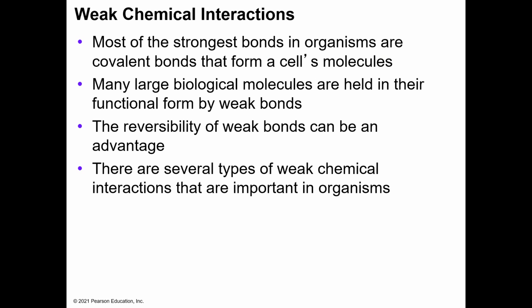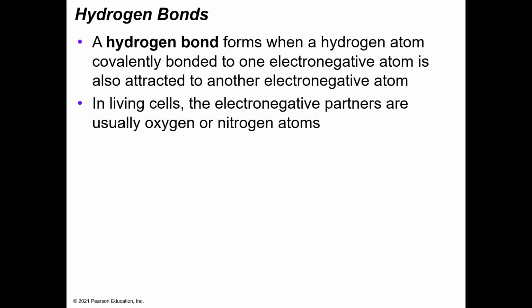There are several other types of weak chemical bonds, such as hydrogen bonds. A hydrogen bond will form when a hydrogen atom is covalently bonded to another electronegative atom. It's very common for these to form between oxygen or nitrogen with hydrogen.